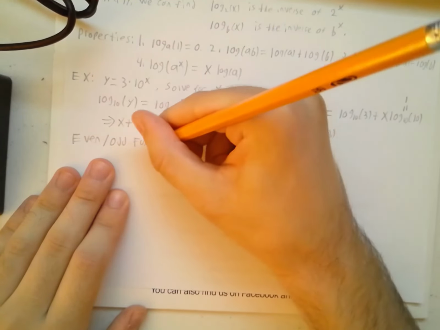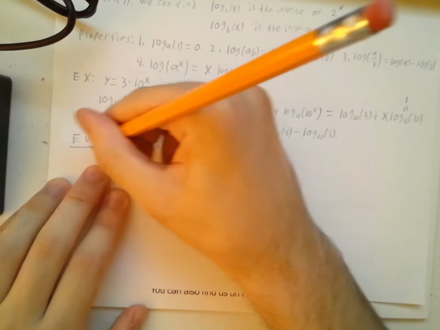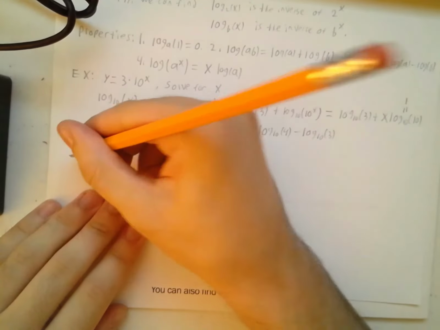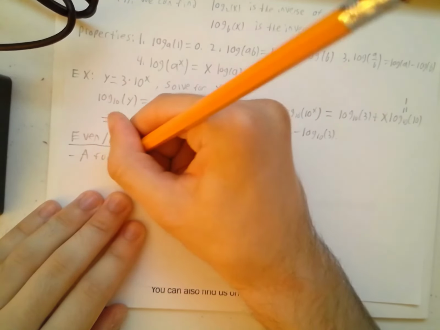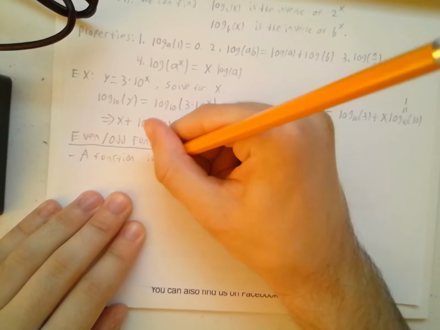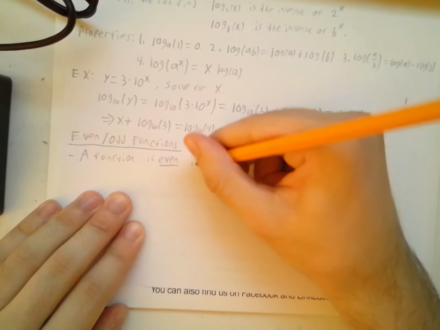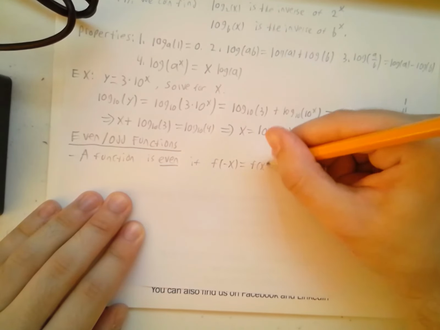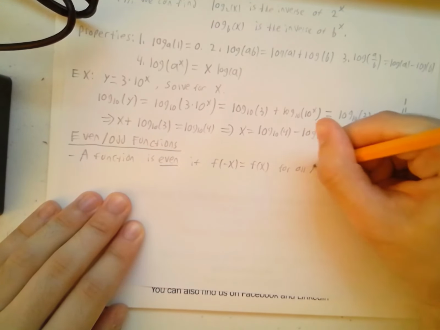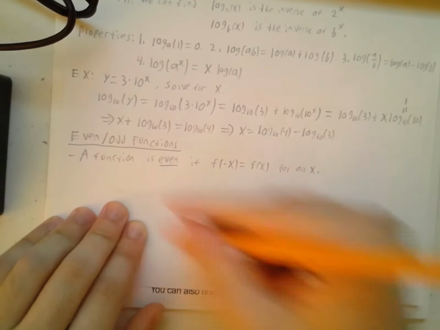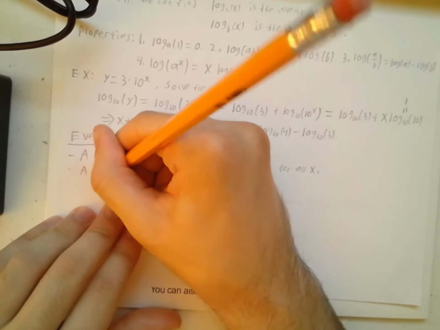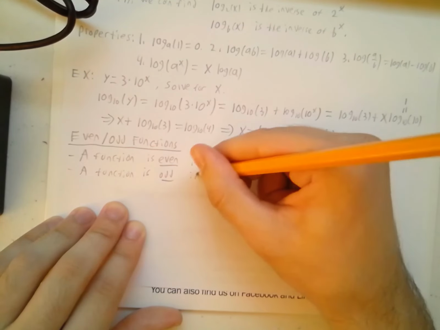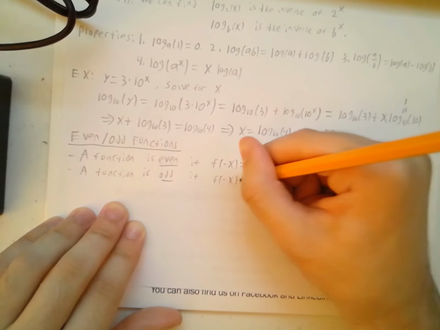So just to give you some definitions, we say a function is even if f of negative x is equal to f of x for all x in the domain of the function. And a function is odd if f of negative x is equal to negative f of x for all x in the domain.